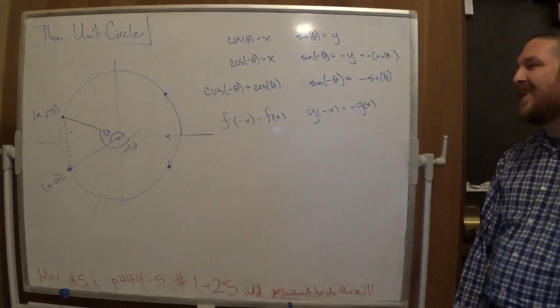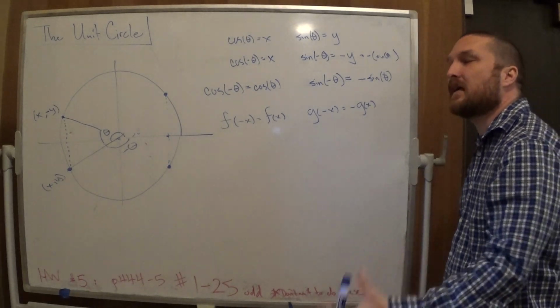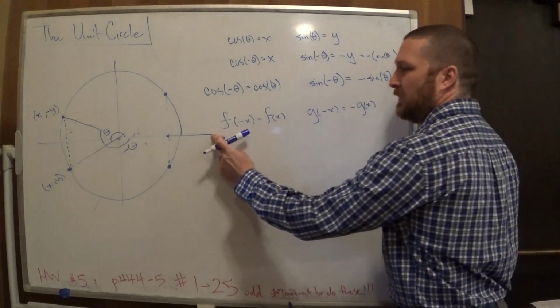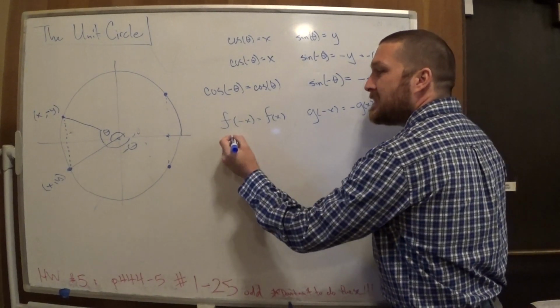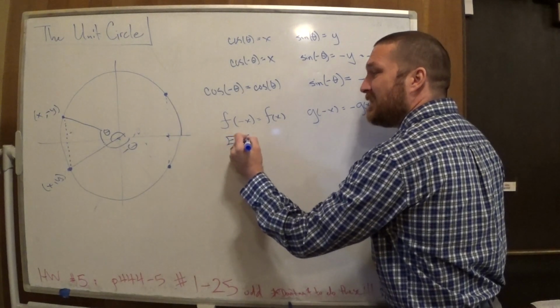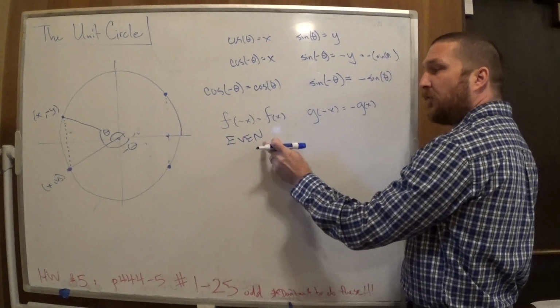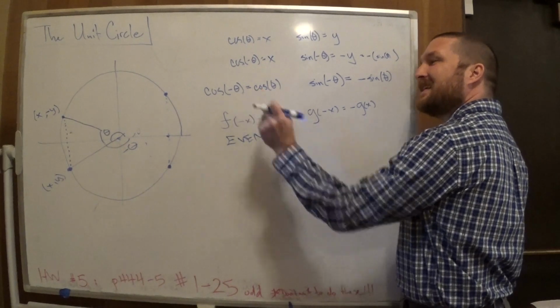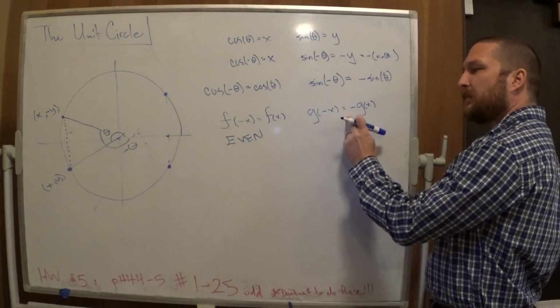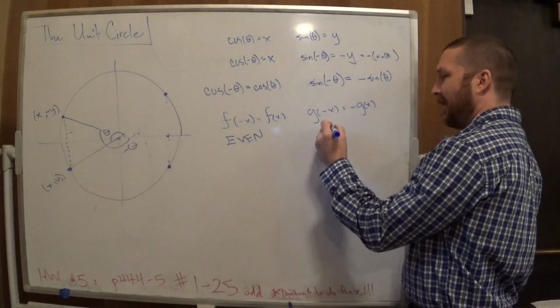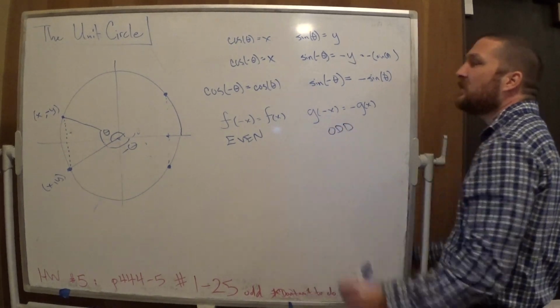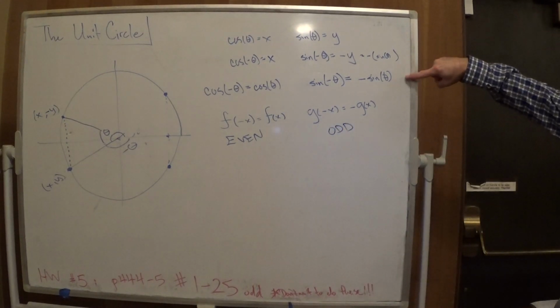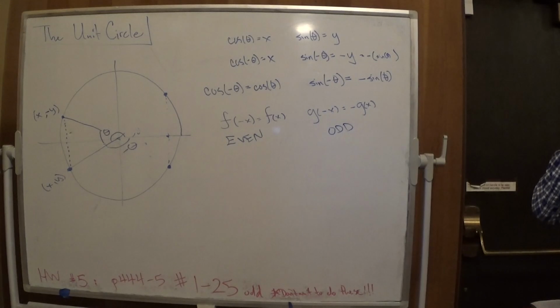Do you remember? We didn't quiz on this. I didn't test you on this, but I did bring it up last year. This is called even. This is an even function. So therefore, cosine is an even function. This type of function is called odd, and therefore sine is an odd function.